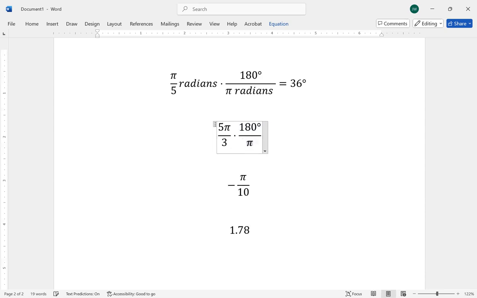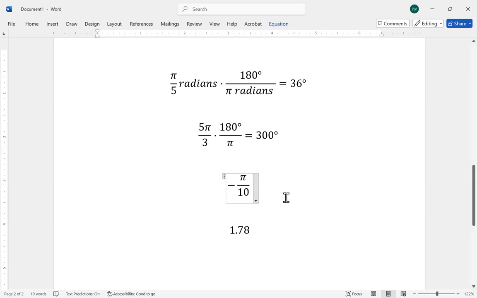The denominator is going to be pi radians. When you do this multiplication, what you get is 300 degrees. So 5 pi over 3 radians is the same thing as 300 degrees.